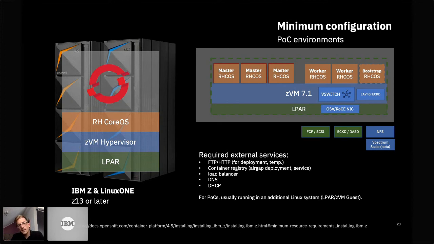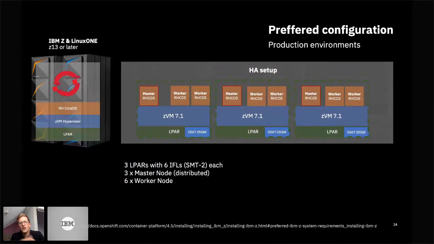If you could imagine, having this kind of setup means that you're not really highly available if you are relying on only one logical partition. But if you take a look here, this is basically an idea of how a preferred configuration for a production environment would look.